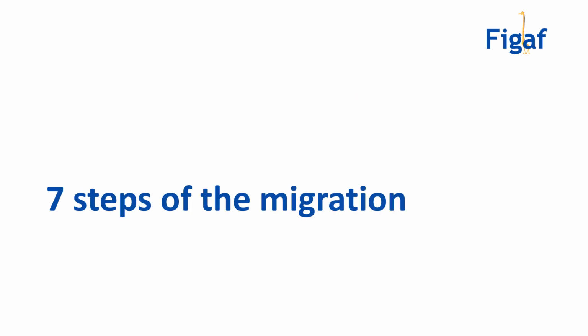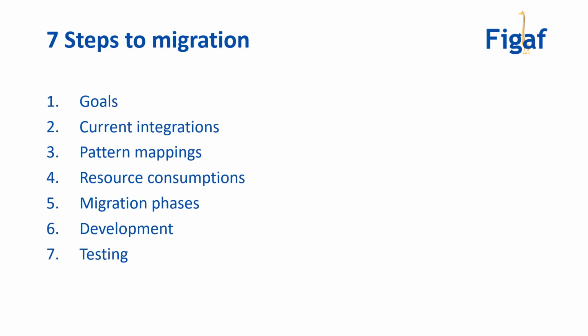So the 7 steps. The first step is to figure out what the goals are with your integration, and I think that ties a lot into this. Then you want to look at your current integrations, and obviously, as with a lot of these things, they are intermingled. That's also kind of an input to the Integration Solution Advisor methodology, understanding, well, we have these scenarios, how do we actually use them?